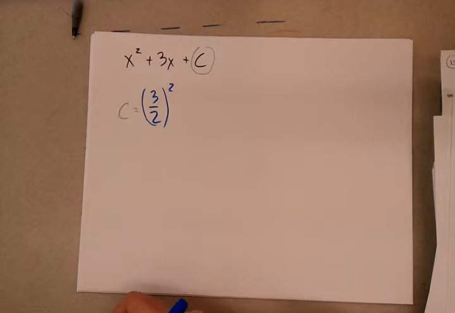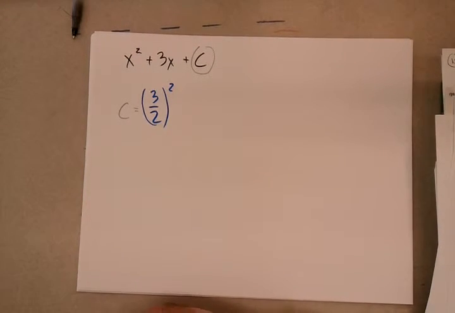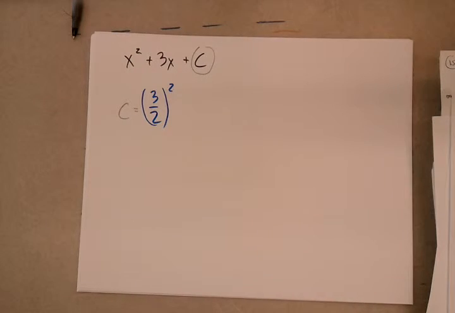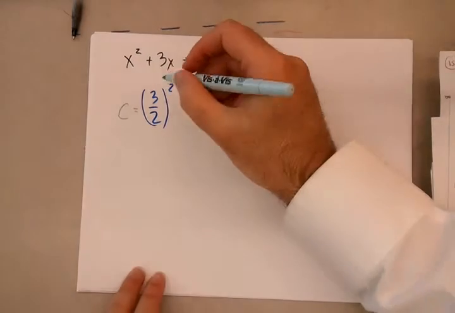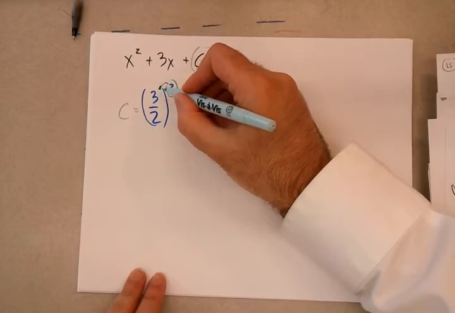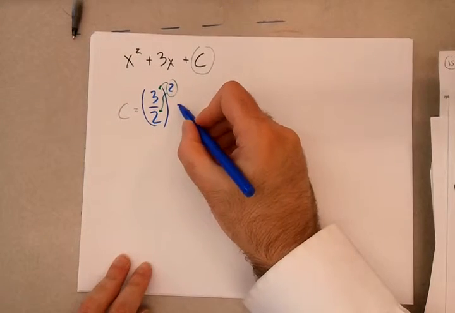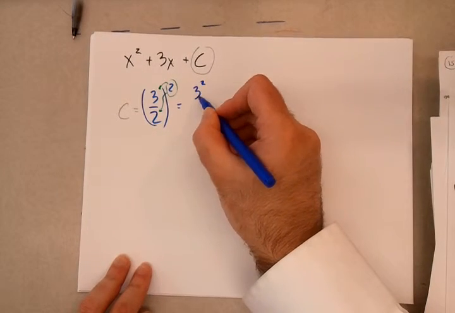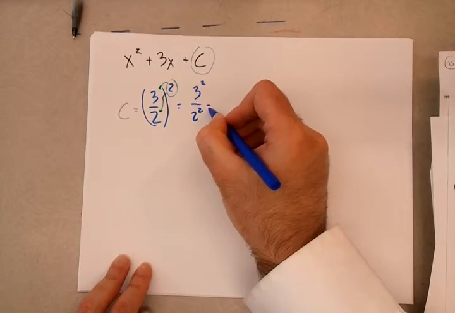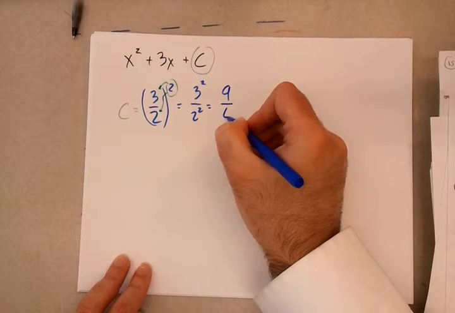Now if you got a decimal here, it would be okay, but the better thing to do is to keep it as a fraction and then simply distribute this exponent to both numerator and denominator, which then equal out to a 3 squared over a 2 squared, which is 9 over 4.